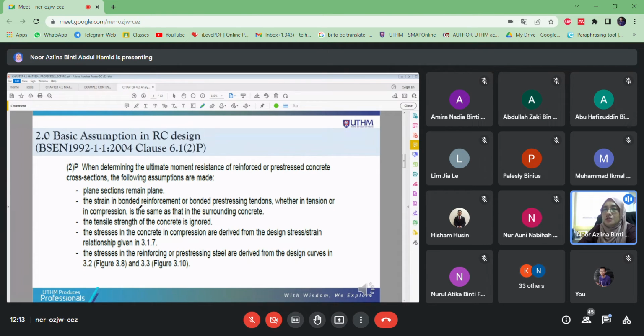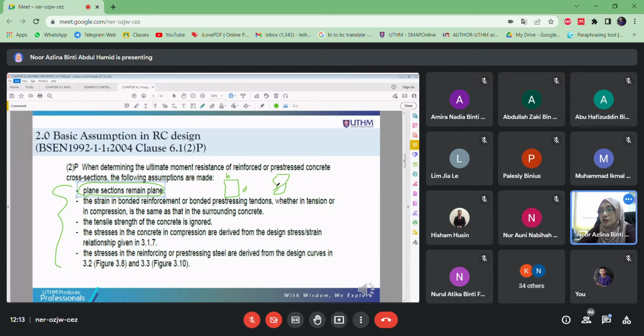All right. So in design, these are all the assumptions that we consider for the design. The first one, we consider that all plane sections remain plane. It doesn't matter how high the load, how low the load, the section still remains plane, still maintains as B multiplied by D. Kita tak consider dia dah sengit sikit ke, dia dah pecah crack ke.